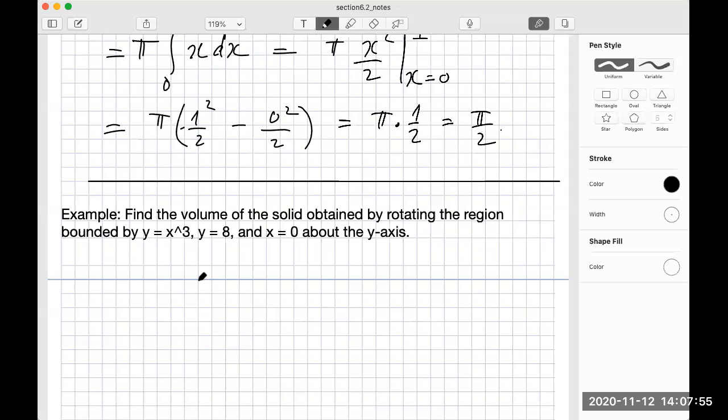Okay, it looks complicated. But let us try to illustrate the graph and see, right?